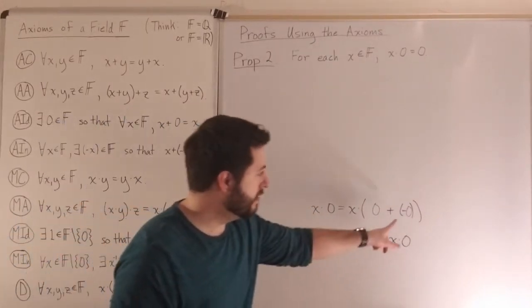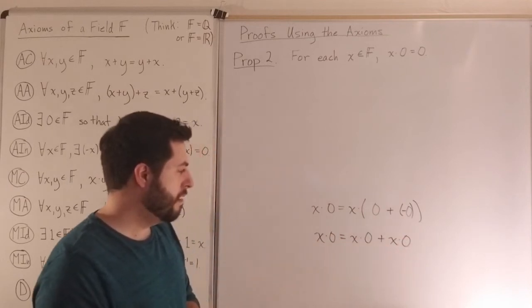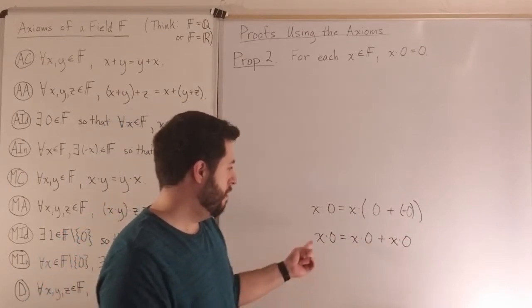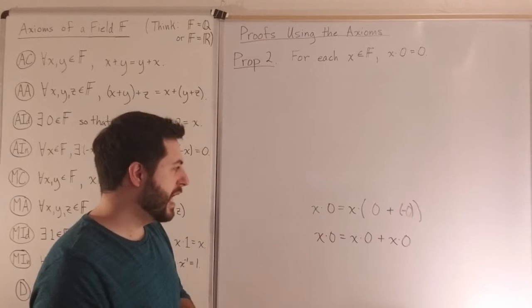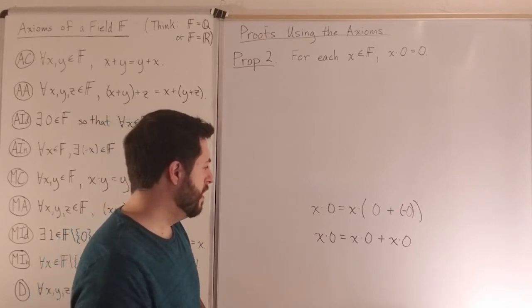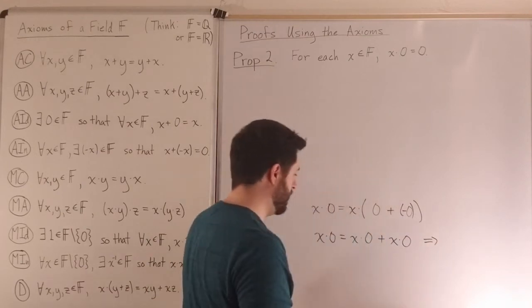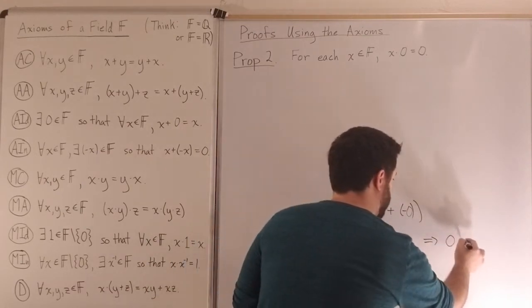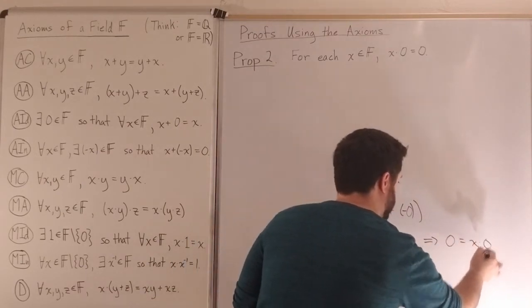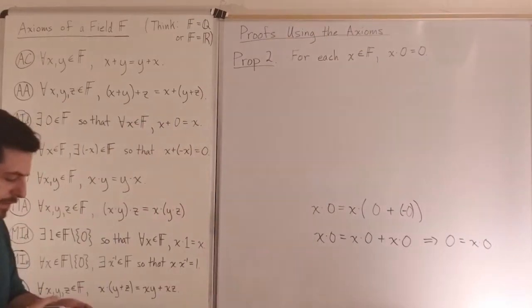And as long as we knew that this negative 0 was 0, then this statement is almost exactly what we want. Okay? So we'd want to somehow get from here to the statement that 0 is equal to x times 0. And maybe you see how to do that, maybe you don't.